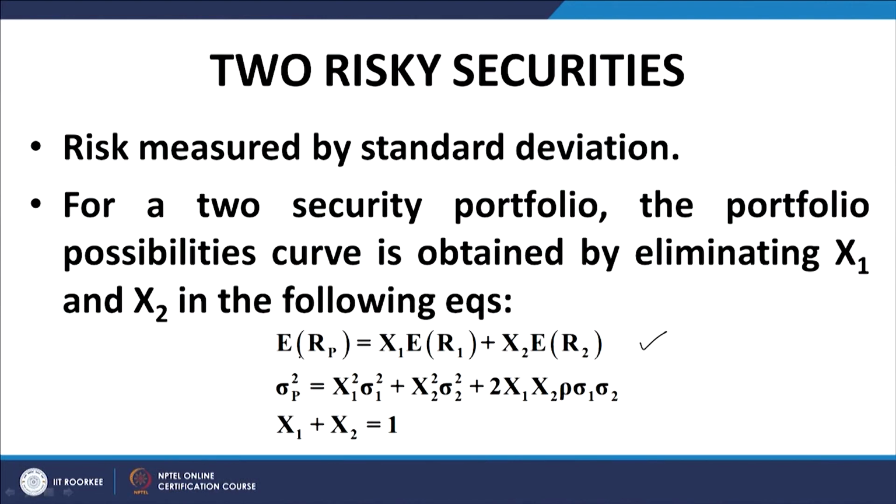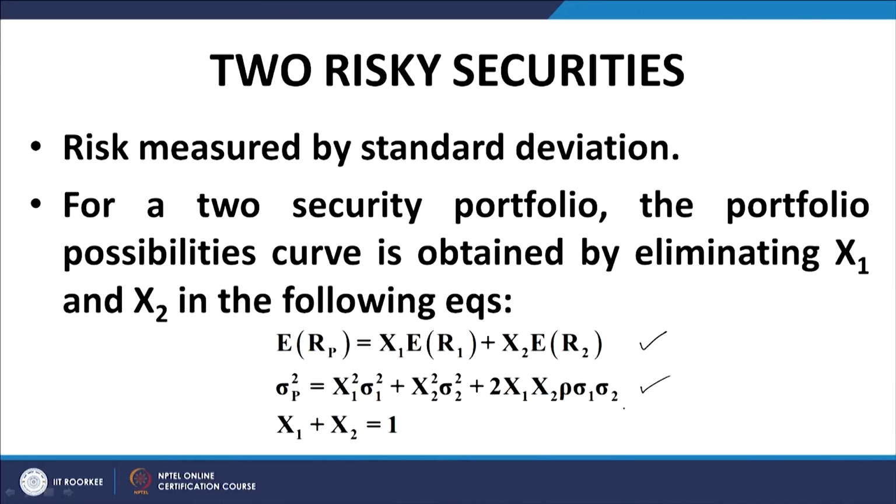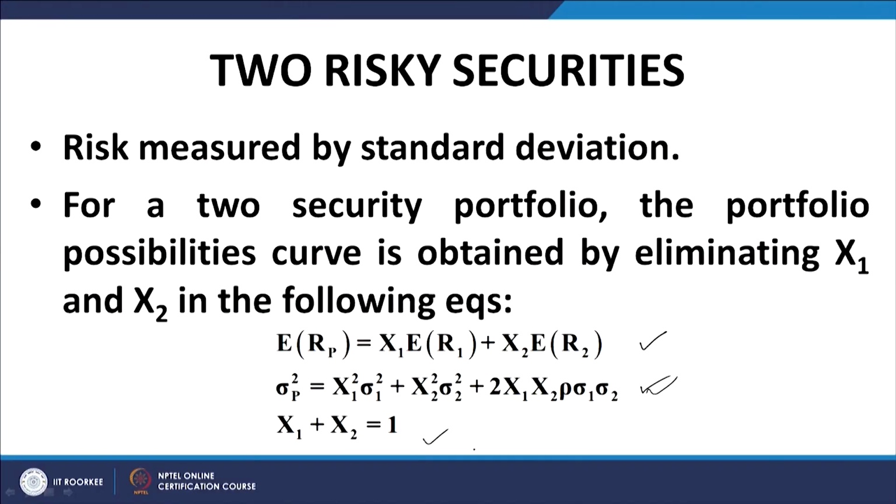The second equation represents the variance of the portfolio consisting of securities A and B as per the expression that we arrived at earlier in terms of the linear combination of random variables: x1 square sigma1 square plus x2 square sigma2 square plus 2 rho x1 x2 sigma1 sigma2. And then of course, the weights must sum up to 1.